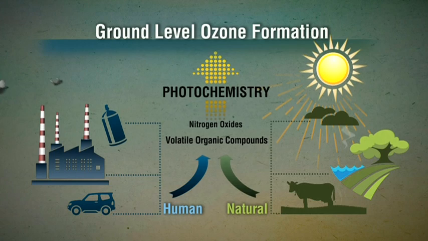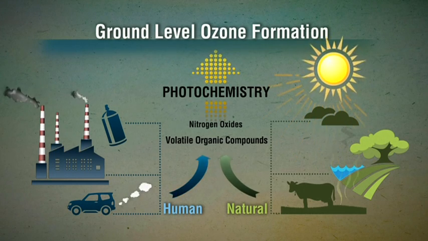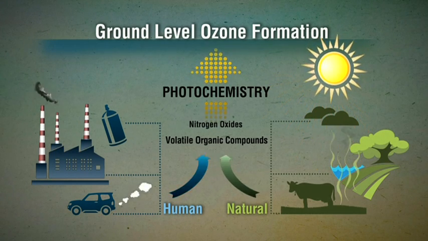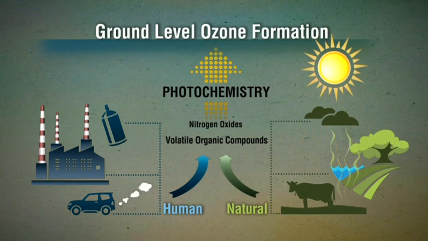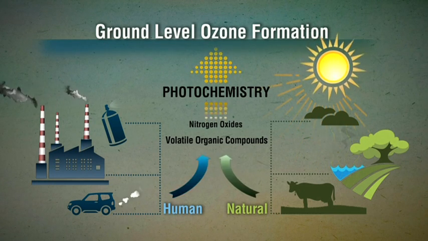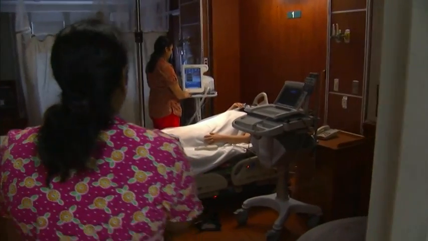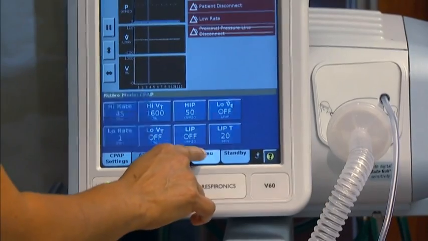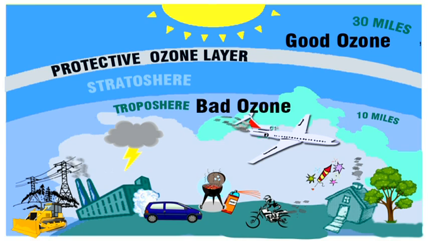Many people confuse ground-level ozone and stratospheric ozone. Ozone at ground level that we breathe is harmful, especially to individuals with reduced respiratory function due to conditions like COPD and asthma. Stratospheric ozone protects the Earth from the harmful effects of the sun's ultraviolet radiation.